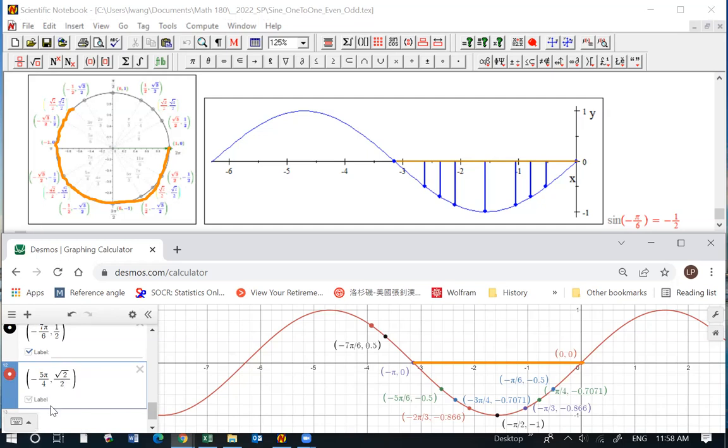Okay. This is so easy to do, isn't it? Has it become easier? I hope so. As it's so easy to do, and you have so many connections, a lot of things will come to you without having to memorize. So now we got negative 5π/4, root 2 over 2. And we just keep going. Just keep chugging forward, right?